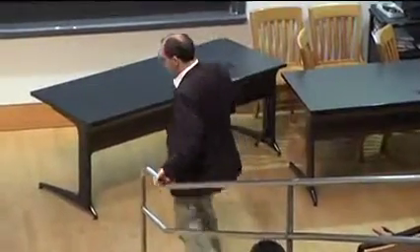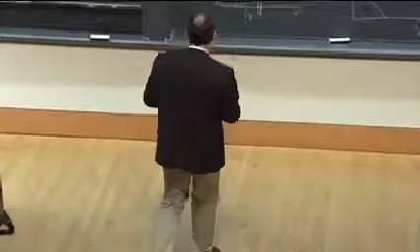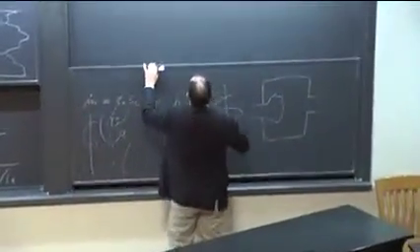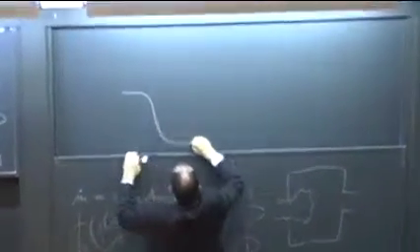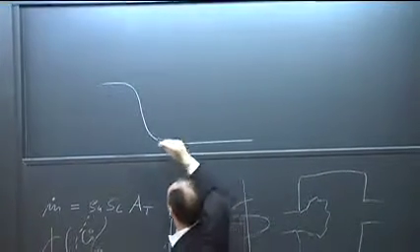Now, what's interesting is you have this temperature front. That temperature front propagates normal to itself just by diffusion. I'll show you how this works. Let's say you have a temperature profile that looks like this.